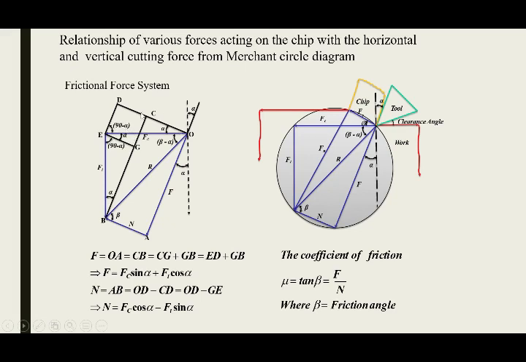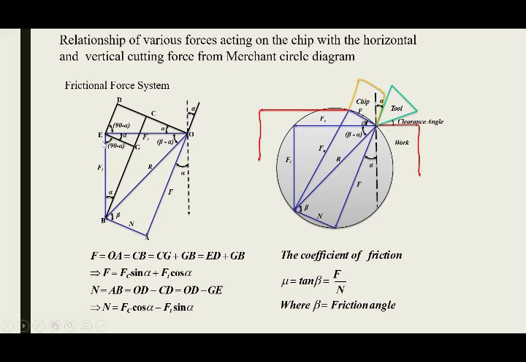Now this line and this line, these two lines are parallel to each other, so this angle and this angle will be similar. Okay, as these two lines are parallel, and if you join this point and this point, it will create this angle equal to this angle.